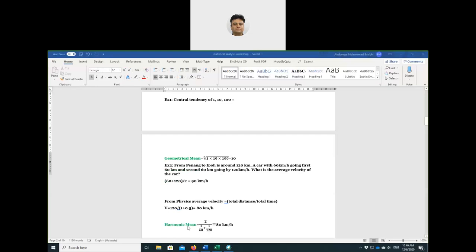So in this case, we are using the harmonic mean. Harmonic mean is used when your data is measured in a fixed distance, fixed hour, or when it's a rate.